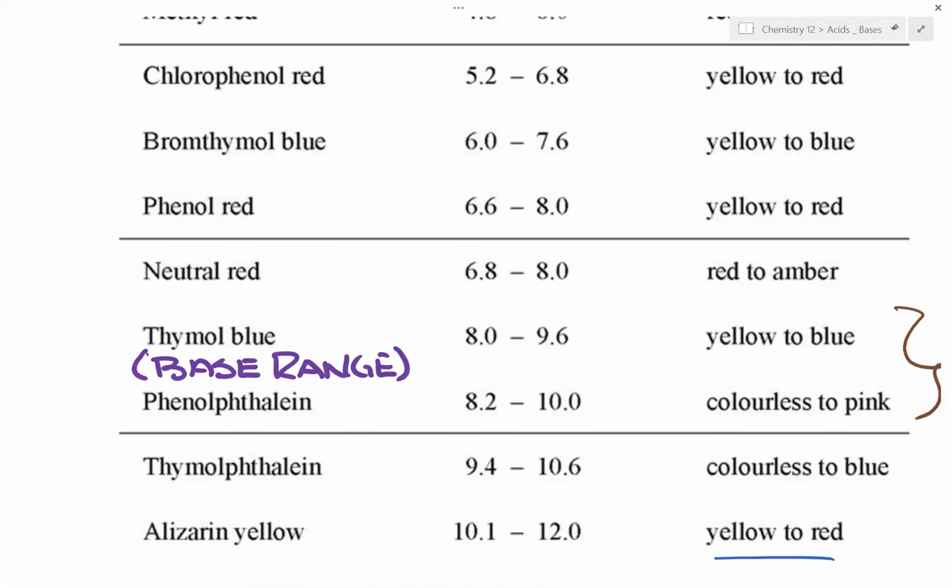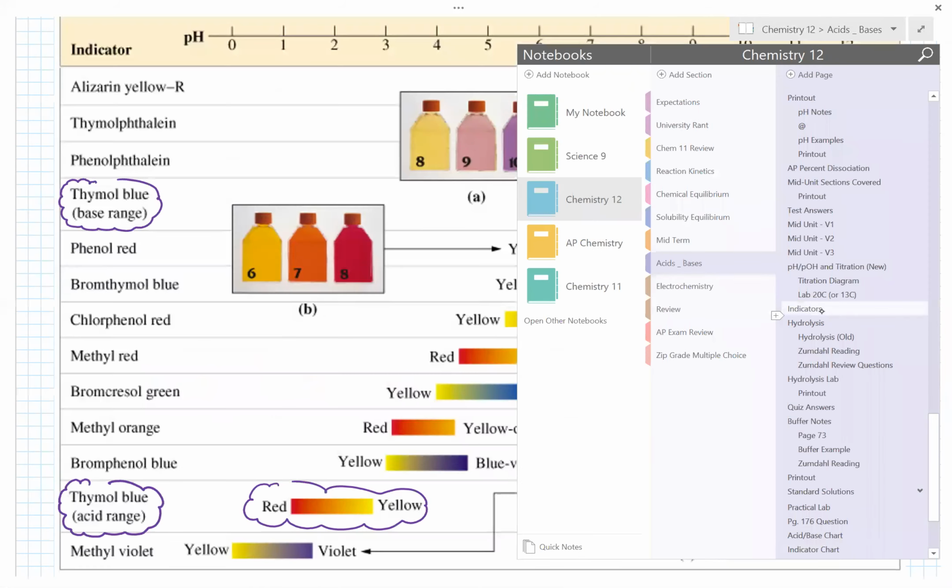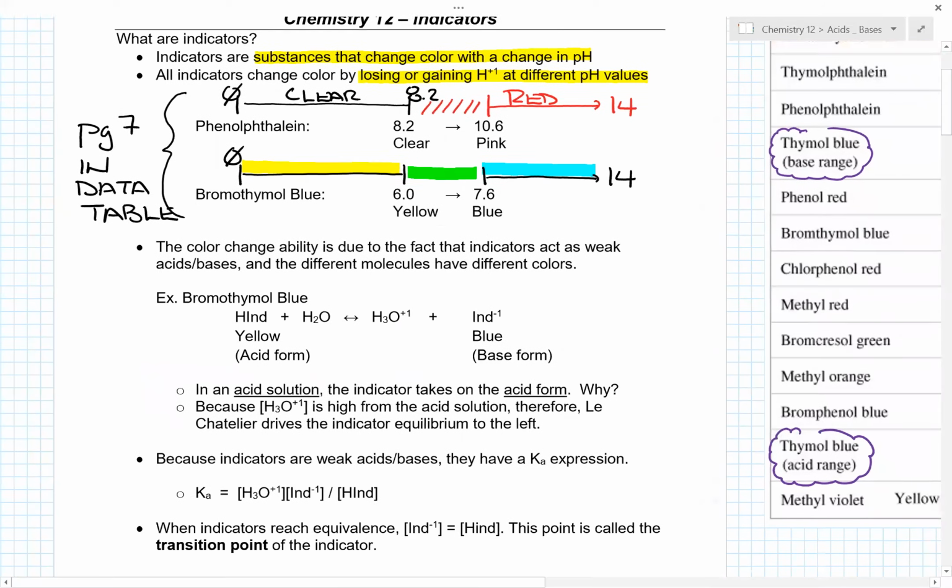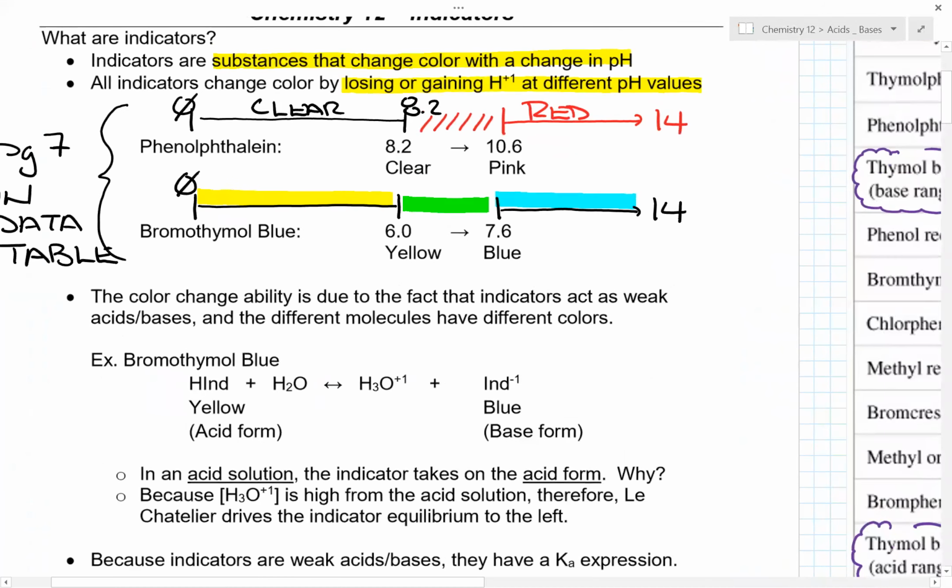All right. Now, if we focus back on indicators, the color changeability is due to the fact that indicators act as a weak acid-base equilibrium. And the key difference between indicators and regular weak acids or bases is that the different molecules have different colors.